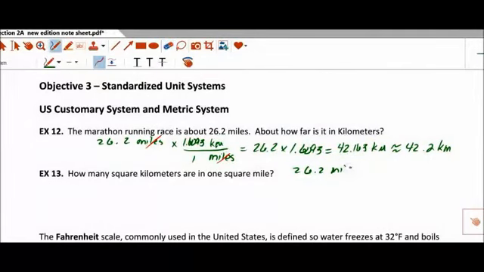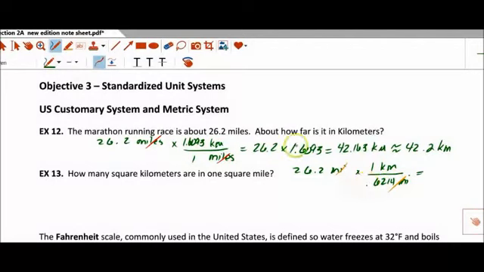So 26.2 miles times that other conversion factor, and let me look at that again, 1 kilometer is 0.6214 miles. I would still be able to cancel out my units, miles and miles.